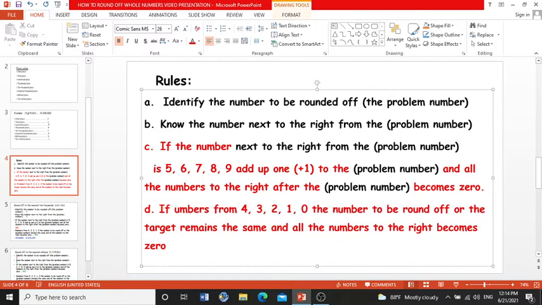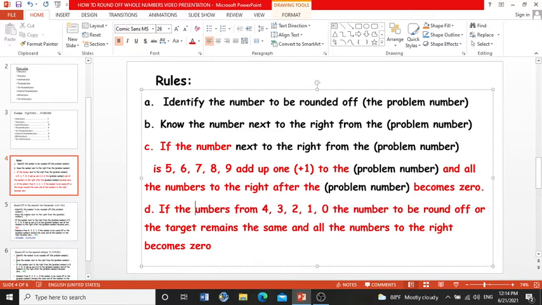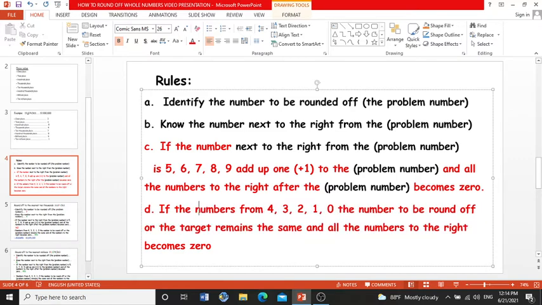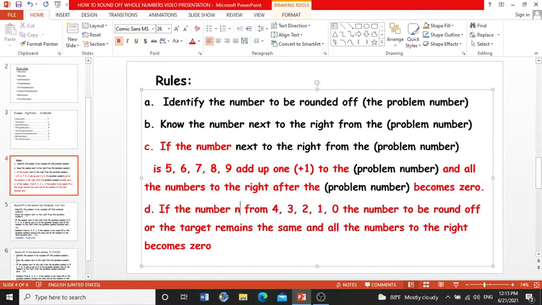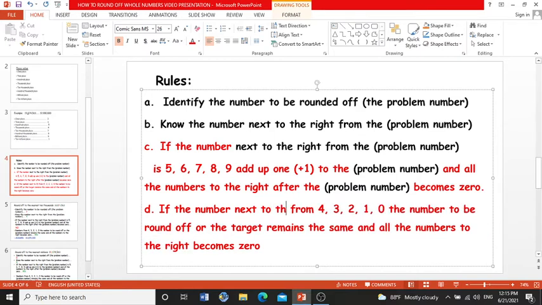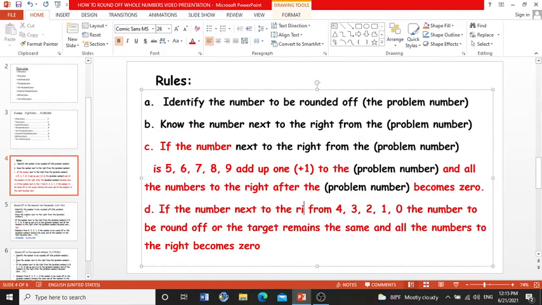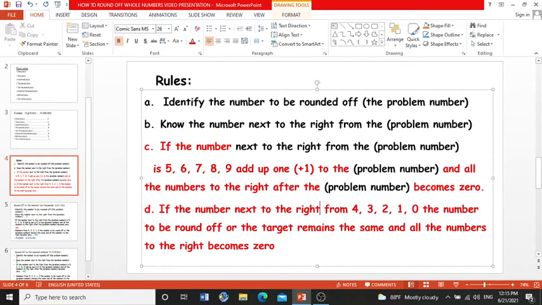If the number next to the right from the problem number, okay, hold on, let me rewrite this. Give me a minute. Let's do this so that you'll understand better.